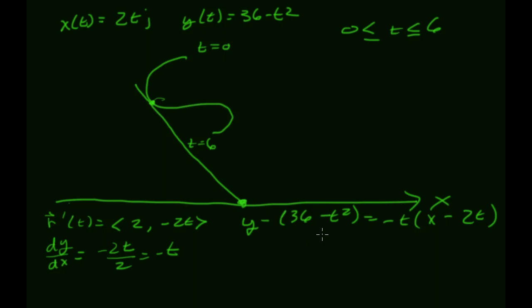Okay, so the third part of the problem asks, can I figure out where this point is on that line? So remember, if I'm on the x-axis, y has to equal 0. So that's going to make that 0, right?